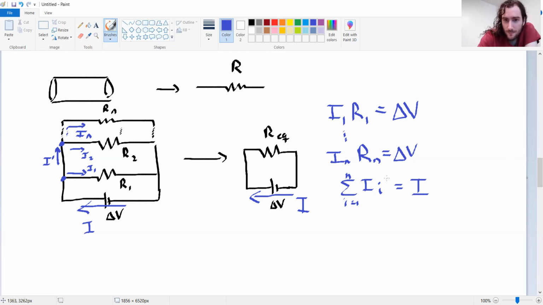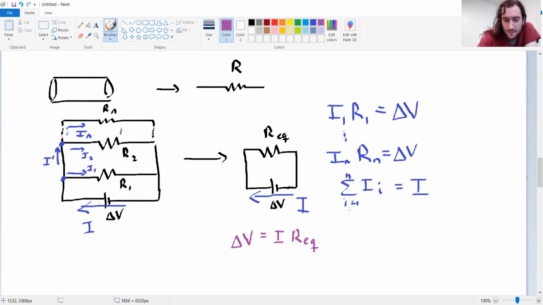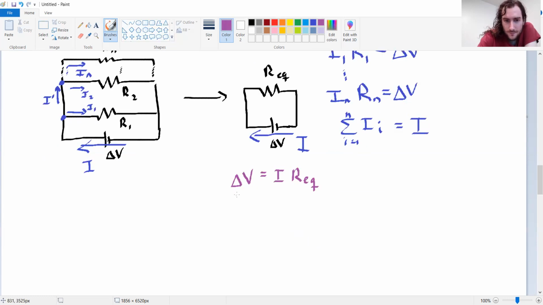All right, so what do we do now with this information? Well, I can take Ohm's law for the equivalent resistor. Ohm's law for the equivalent resistor says delta V equals I times Req. And since all of my delta V's here are the same, what I can do is divide by Req to cancel it on this side so that I just have the current I, and then I can substitute this into this expression here.